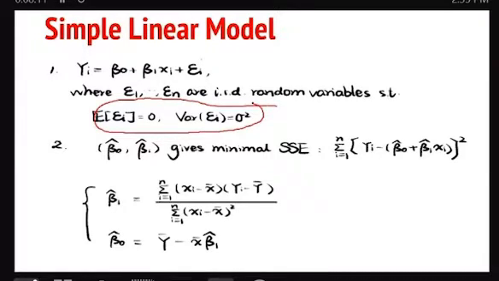Let me tell you this. The reason why a model is not the same as reality is because a model cannot give us an exact representation of reality. The reason for that is the error. The error is the difference between what happened in reality and what the model predicts.